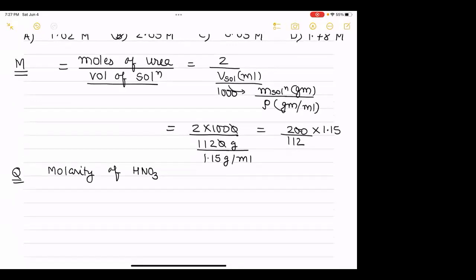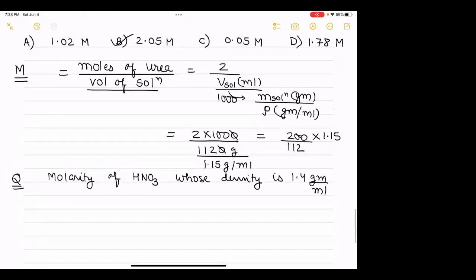Molarity of HNO3 whose density is 1.4 gram per ml. This is the density of the complete solution, the HNO3 solution.